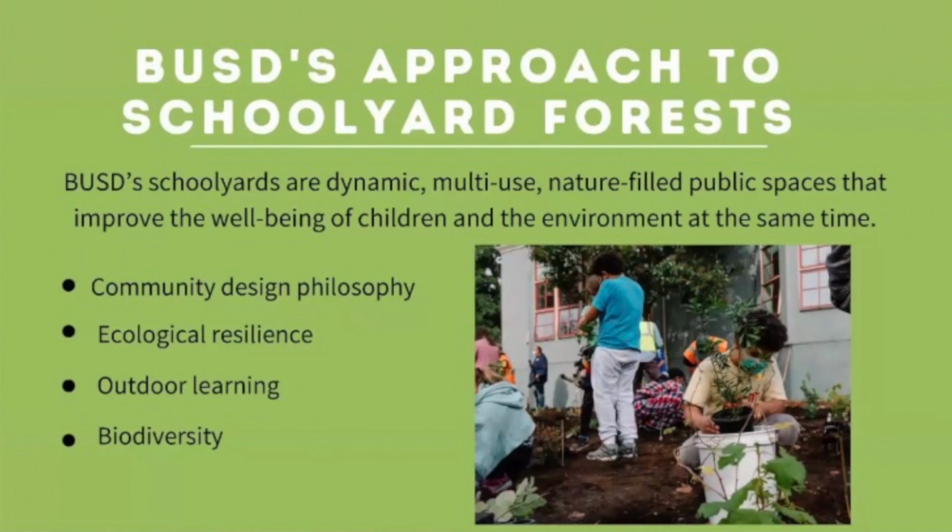Obviously the ecological resilience, the giving shade, making it a more palatable place for kids to learn, outdoor learning. We have found that our spaces, we used to call them outdoor classrooms, we've kind of toyed with that.